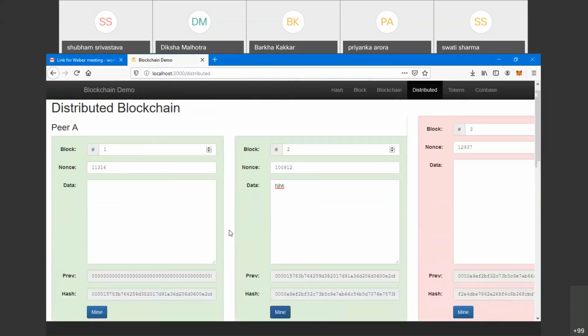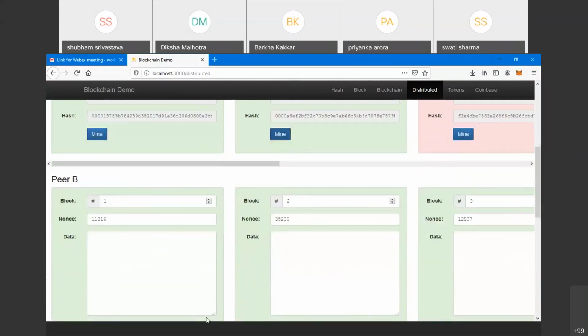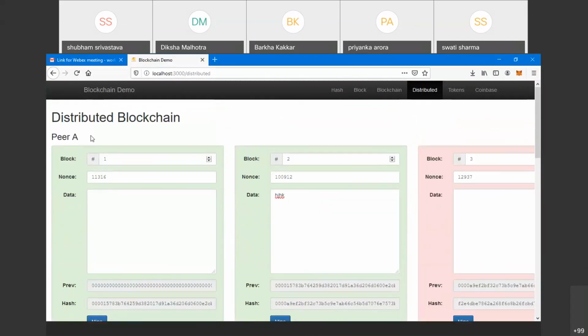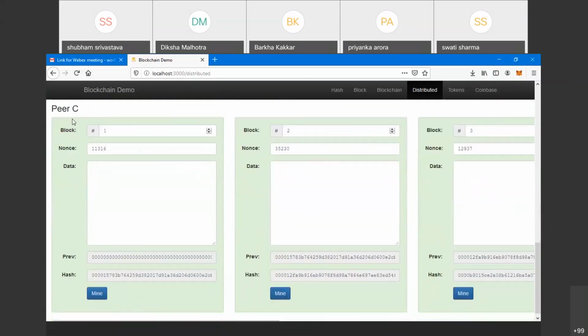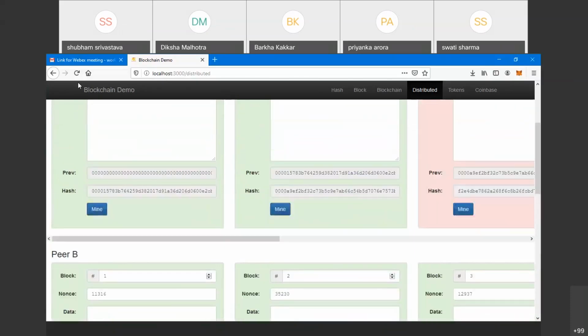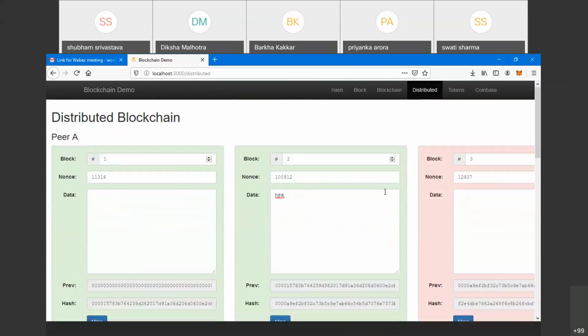Again, even as soon as he mines all these blocks, the work will still not be done. Why? Because the copy of the blockchain saved with peer A will not match the blockchain copy saved by peer B as well as peer C. So he needs to convince either peer B or peer C to accept the change that he has done in this block.